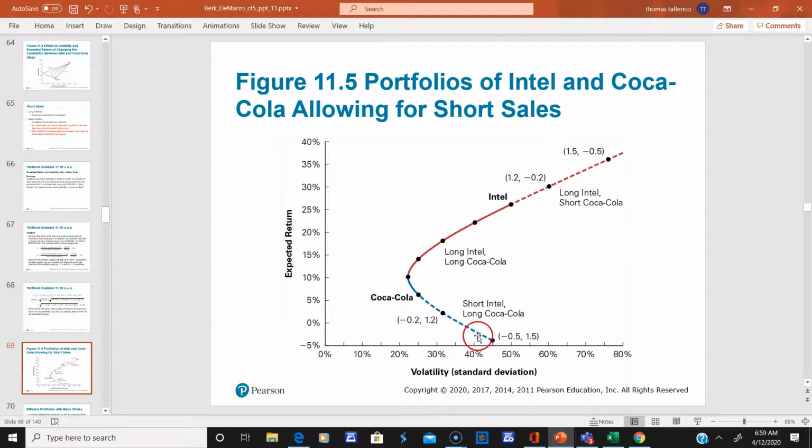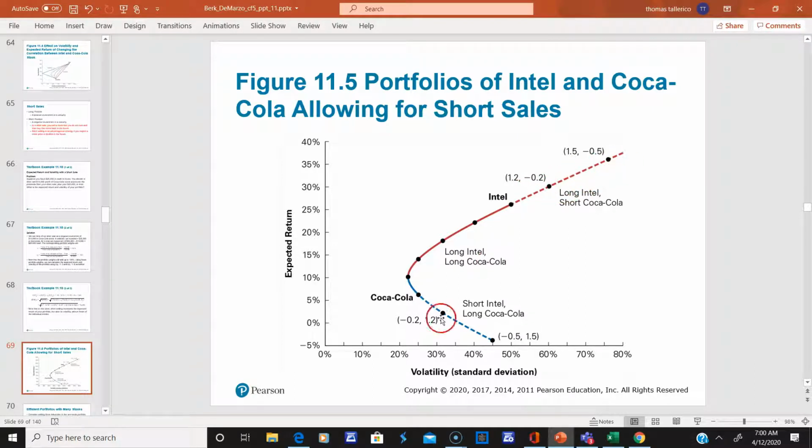All right, so here's the portfolio of Intel and Coke now. We're allowing for short sales here. And if you do short selling, you'll notice here that the volatility is going down, right? Here you're long both stocks, but here, the dash means you're short, okay?